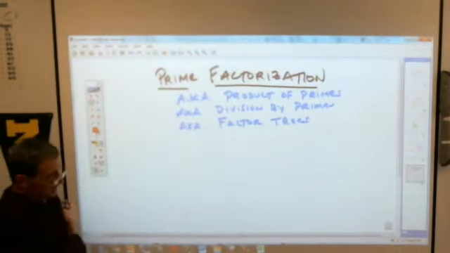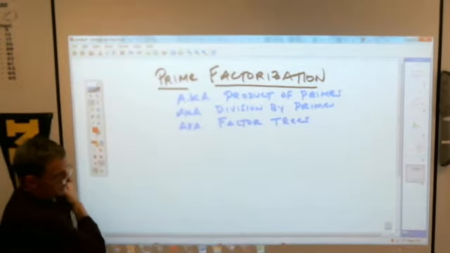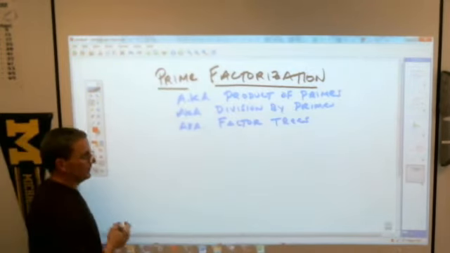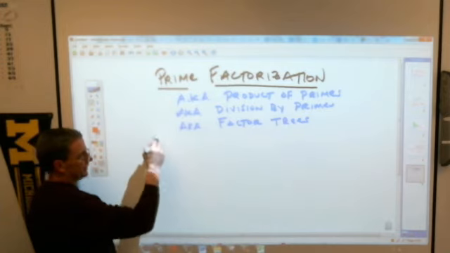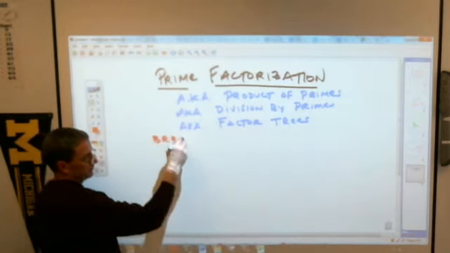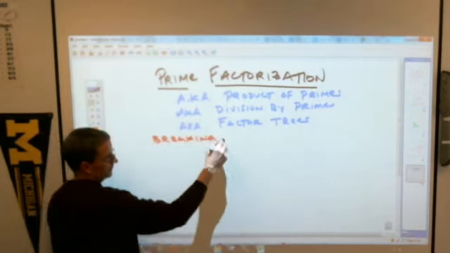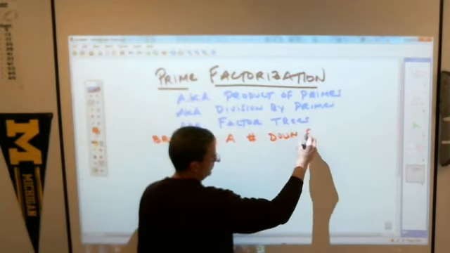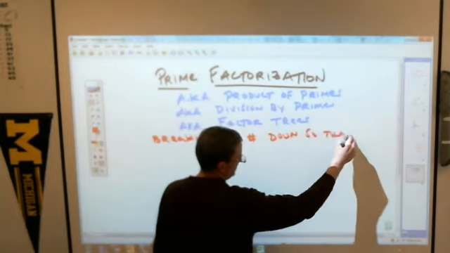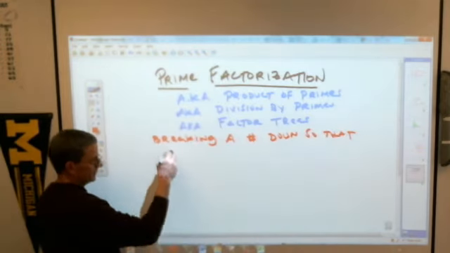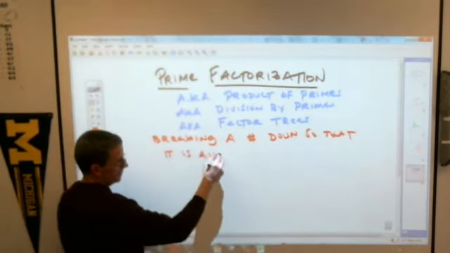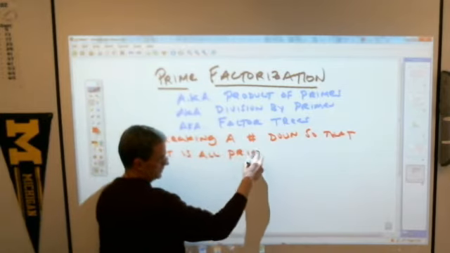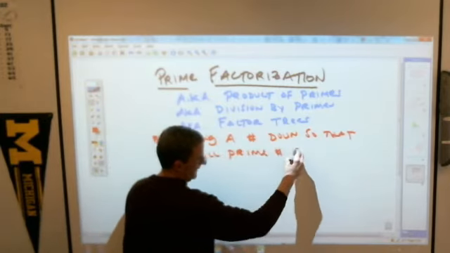And what it is, you had some problems like that on today's assignment, or one problem like this. You are breaking a number down so that it is all prime number factors.